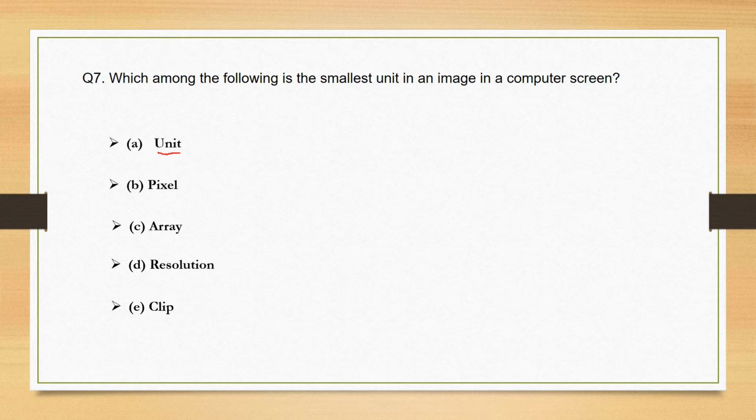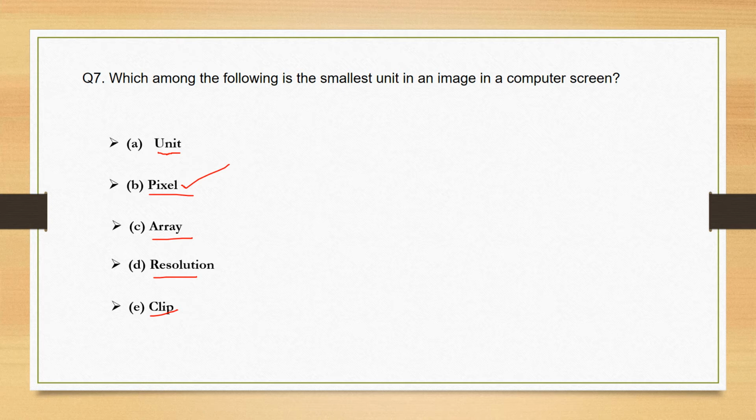So unit can be anything. It is not an SI or standard term, you can say. So for an image, what can be the smallest unit? We have pixel, array, resolution, clip. Out of these options, pixel is the smallest unit of an image on a computer screen.